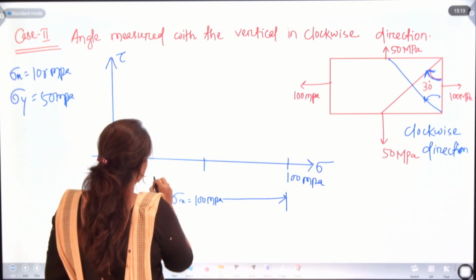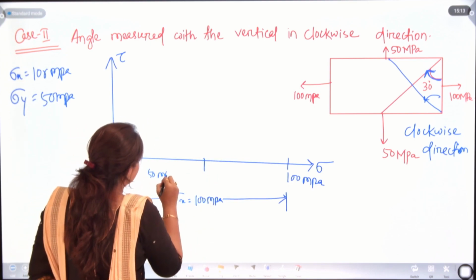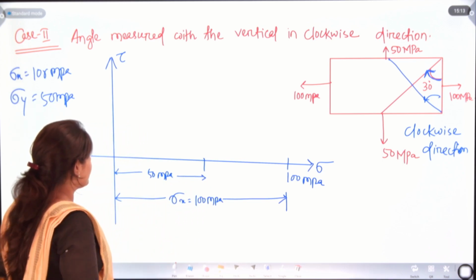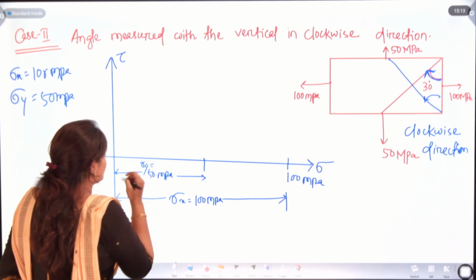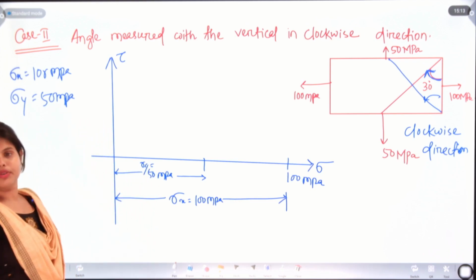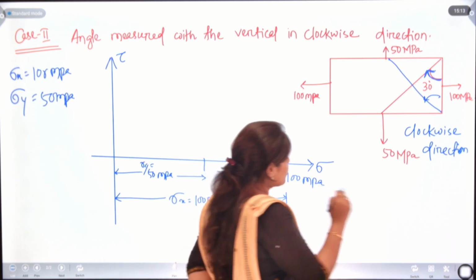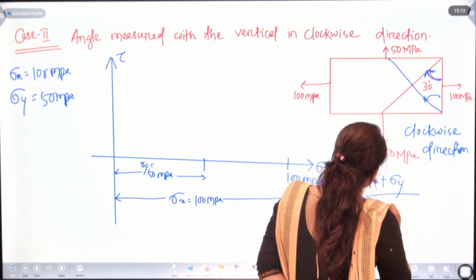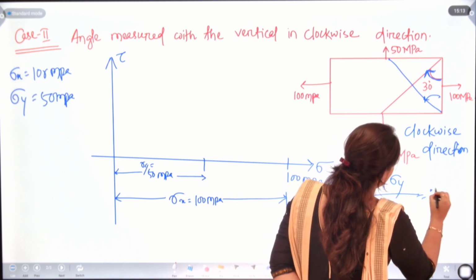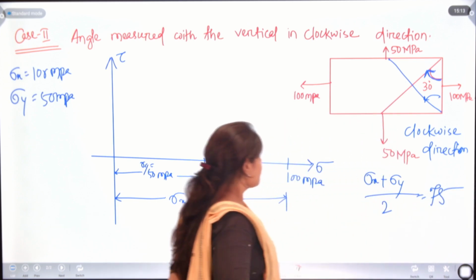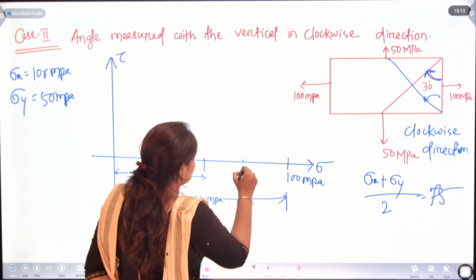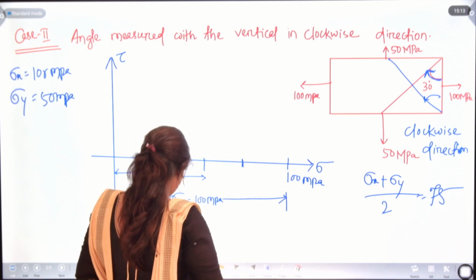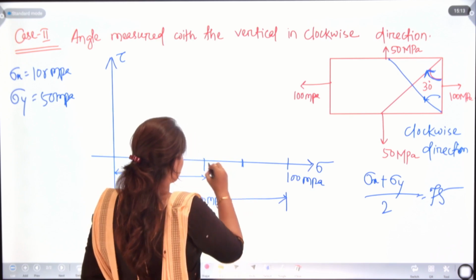Another thing, that is 50 megapascal, up to this. Okay, that is our sigma y. So what we need to do? The same process, but there will be a little bit of change. We will calculate sigma x plus sigma y by 2 and we will have 75. So this is the midpoint. Let's draw the Mohr circle.